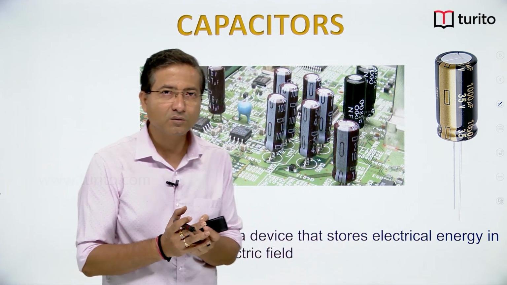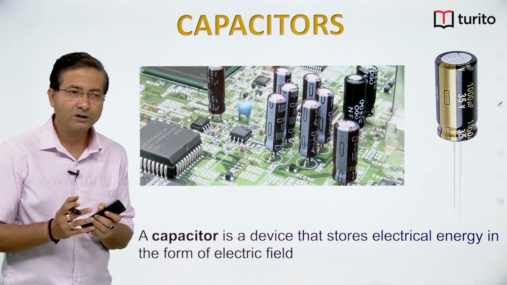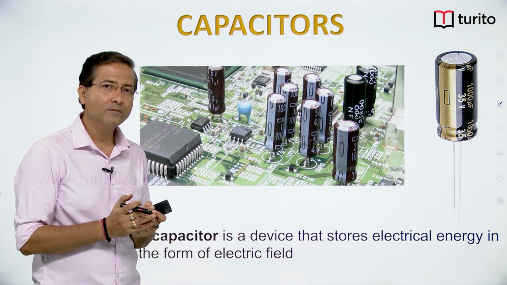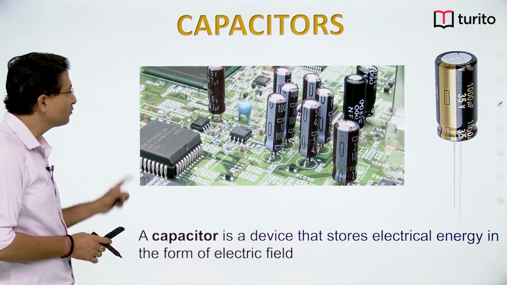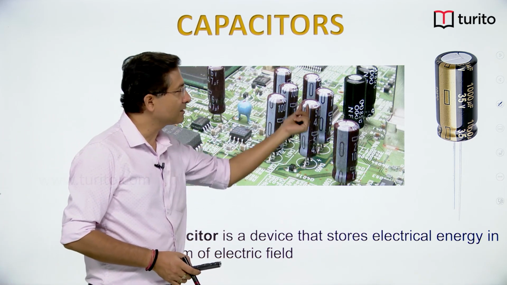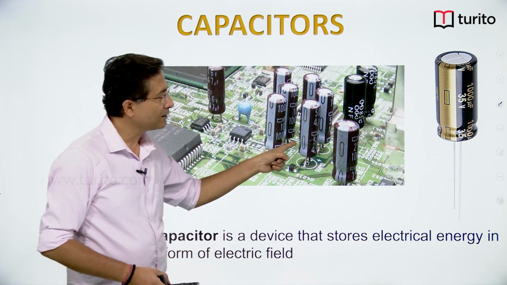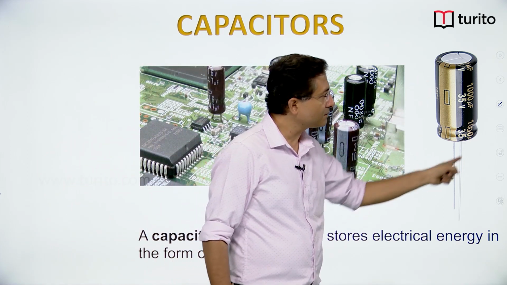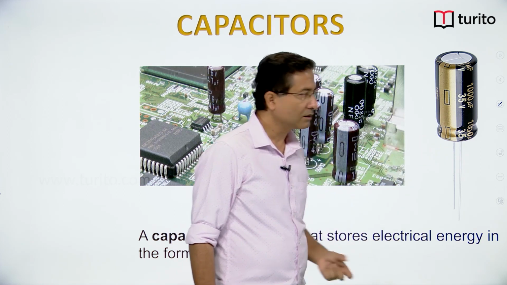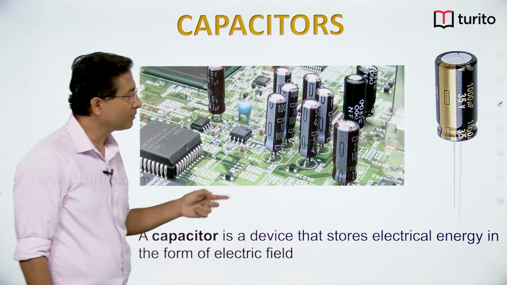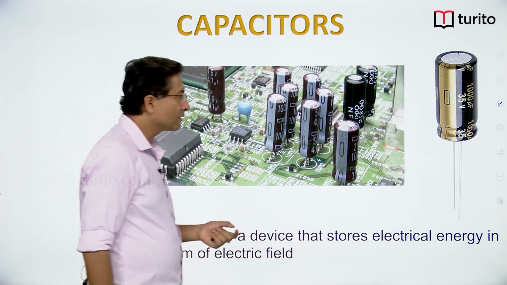Capacitors are energy storing devices which store energy in the form of electric field. In a circuit you must have seen these cylindrical things, those are capacitors. Separately you will get this type of structure for a capacitor. There are other designs also, but this is one of the designs I am showing you.